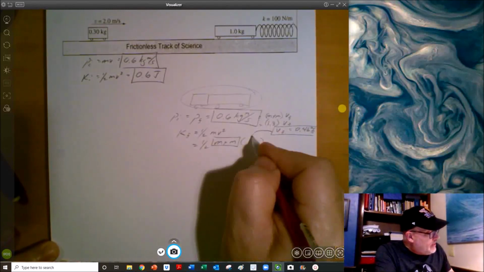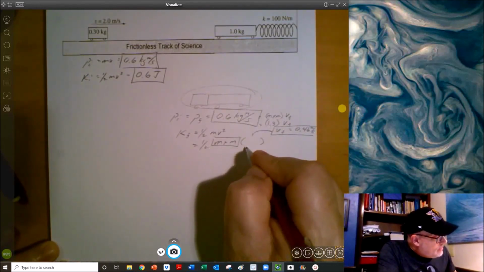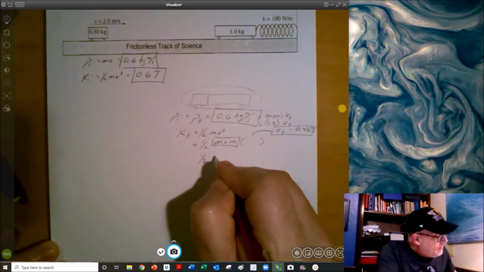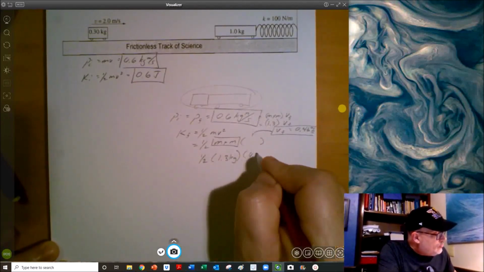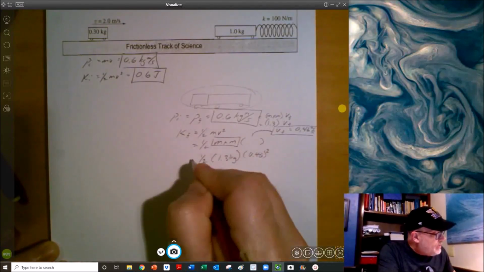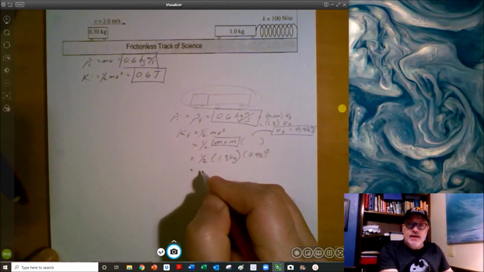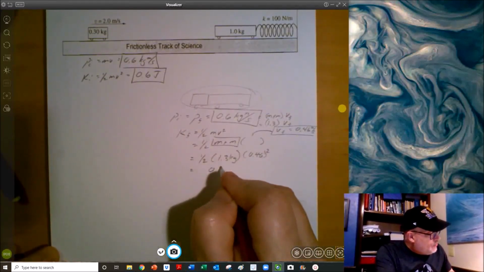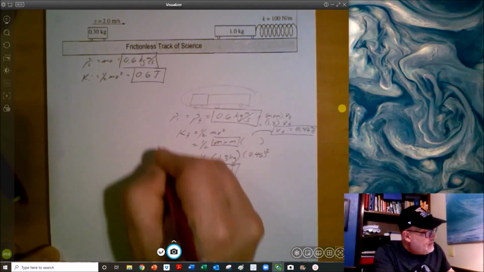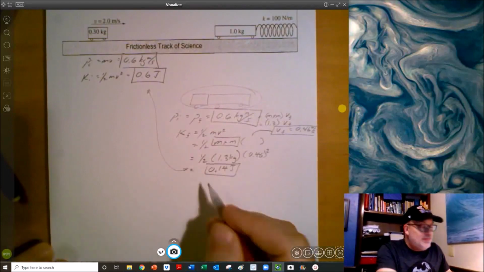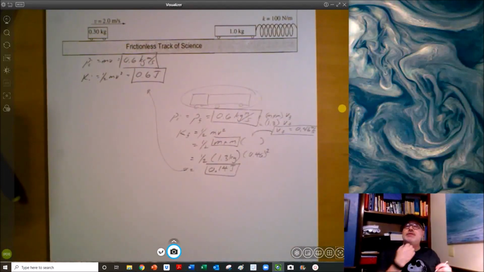So I'm going to plug that in here for our velocity. And so I get 1/2, our mass is 1.3 kilograms, and our velocity 0.46 squared. So our final kinetic energy turns out to be 1.14 joules. Now notice how the final kinetic energy is less than the initial kinetic energy because this is an inelastic collision.